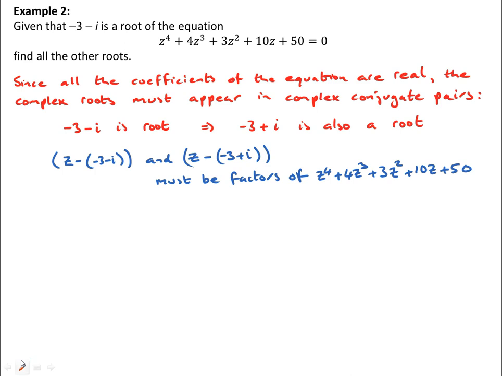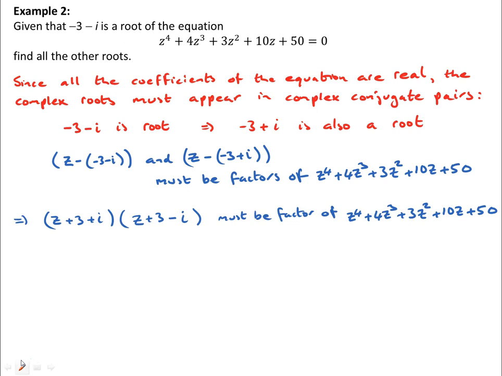So putting those two factors together and simplifying the inner brackets there, z minus (minus 3 minus i) just becomes z plus 3 plus i, and z minus (minus 3 plus i) becomes z plus 3 take away i.